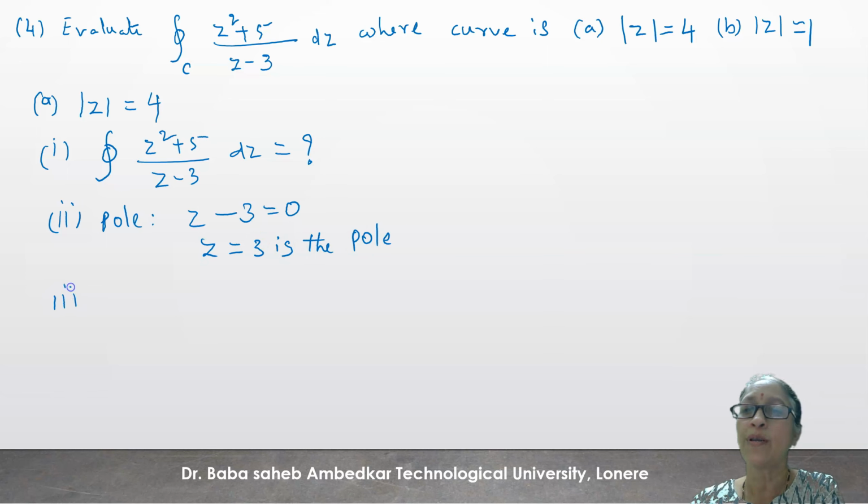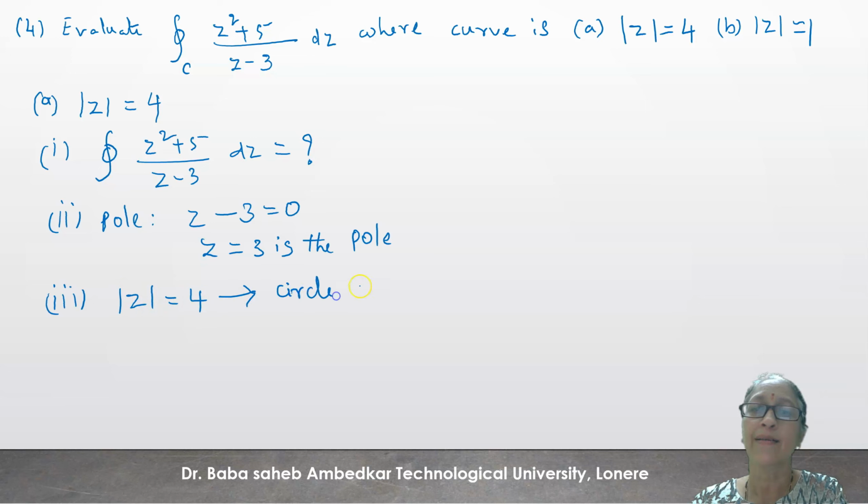After finding the pole, we have to plot this curve. What is this curve? Mod z equal to 4 implies a circle with center at the origin, since z is within the mod.